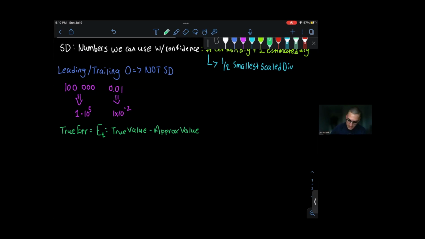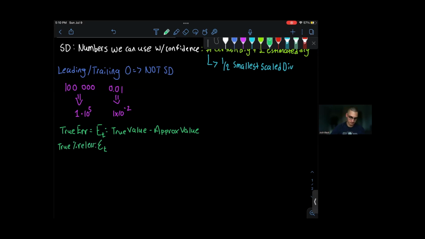So there is then this term that comes with every type of error, a percent relative error, or in this case, our true percent relative error.